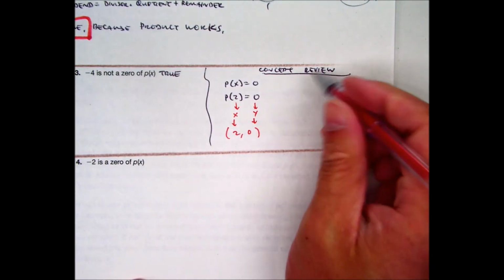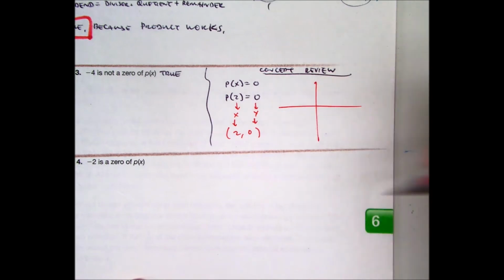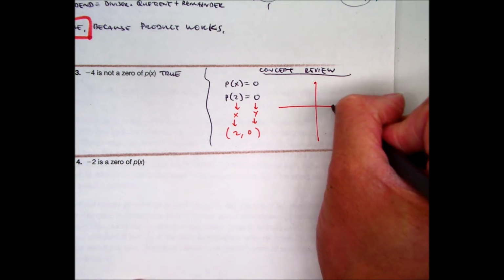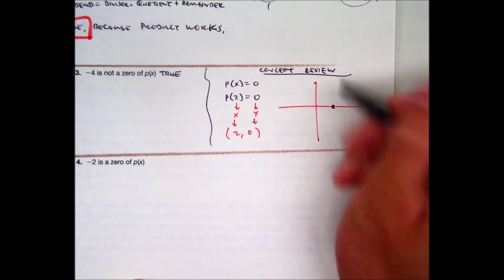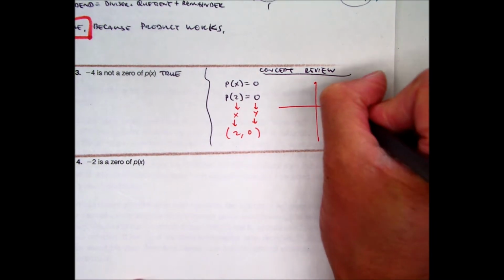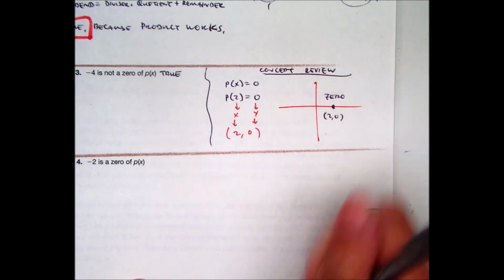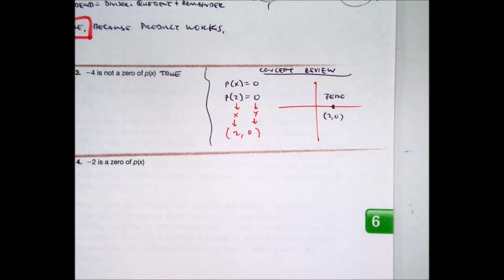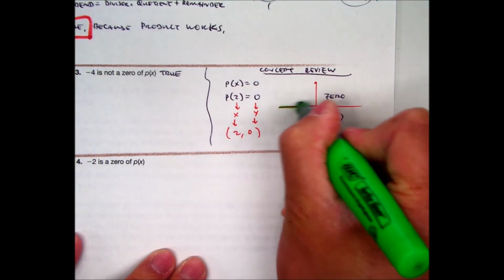Class, if you graph this, where would it be? From the origin to the right 2. Does that make sense? Why am I pointing this out to you? That's the reason why they call it a 0. Because it's touching a what? It's touching the x-axis. That's why they call it a 0.